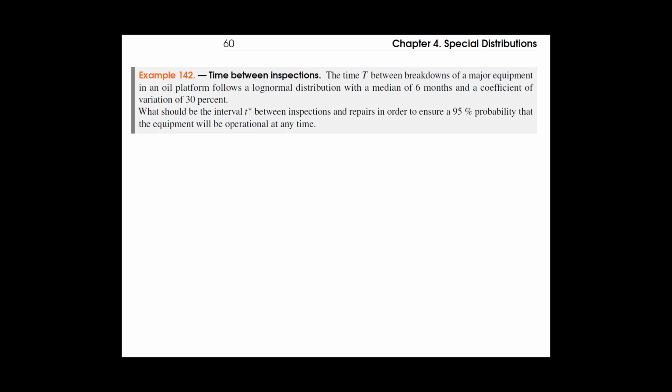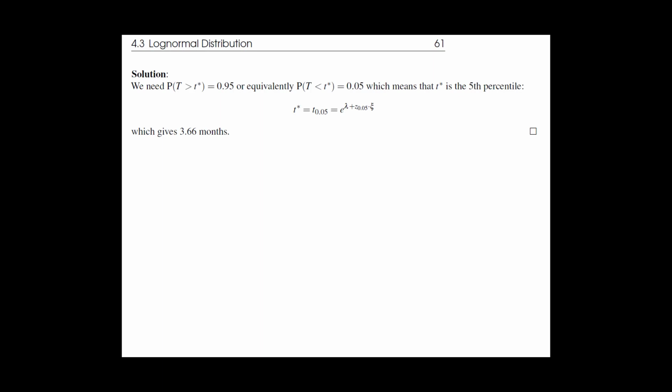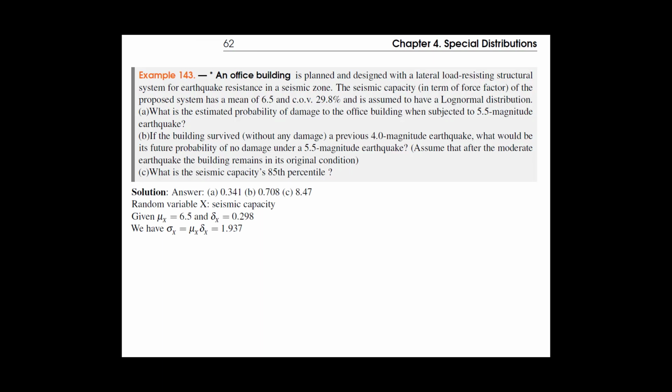I'll leave it up to you. This one too, there's nothing too special about it. Let's take a quick look at this one and see what they give you. For the seismic capacity, they give you the mean and coefficient of variation.